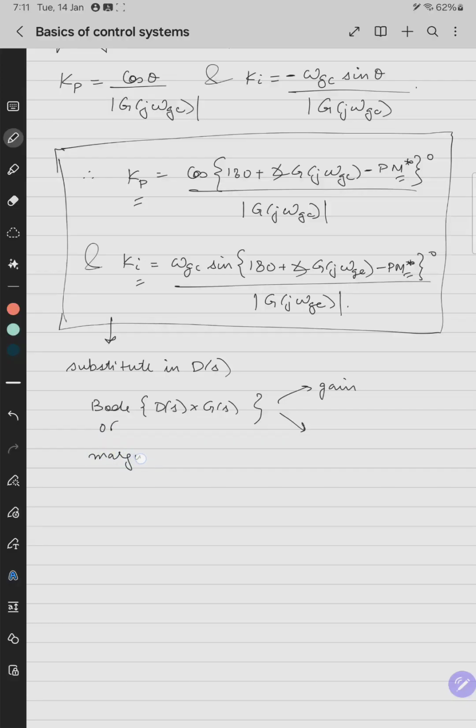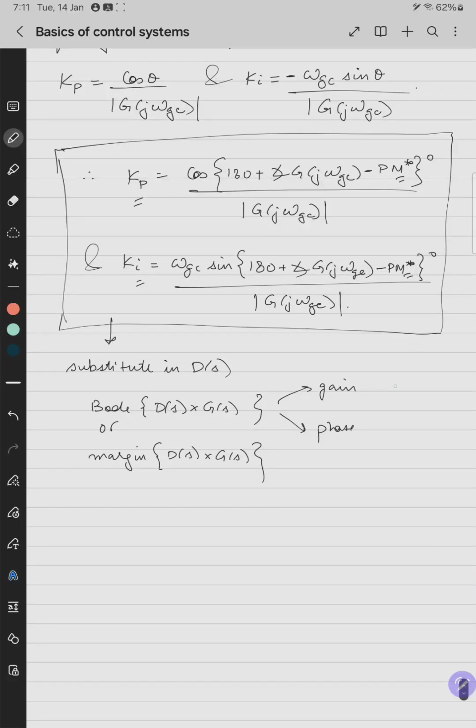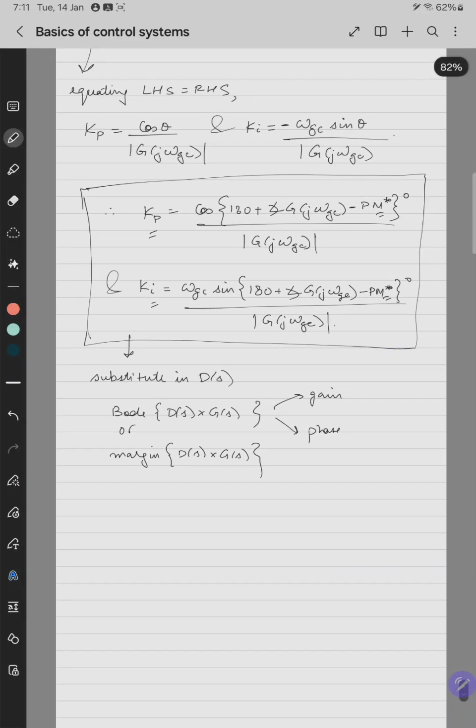There is a command margin of D of s into G of s. See the gain and the phase plots. In those plots you will see that the gain crossover frequency and the phase margin exactly match the ones you assumed, which means the solution is correct. So here we get omega gc and PM, and then we verify like this.